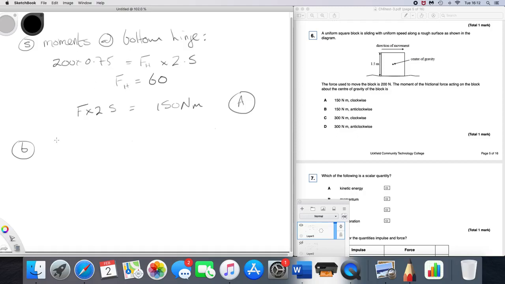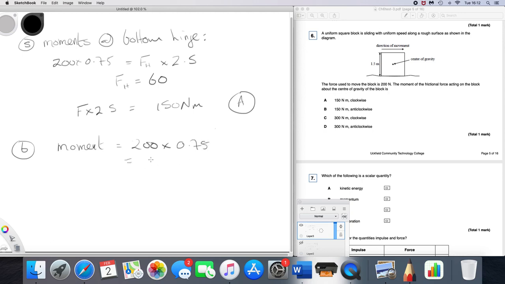the moment will be 200, the size of the force, times the perpendicular distance of its line of action from the pivot, which we're taking to be the centre of mass, centre of gravity, which is 0.75 because it is a uniform block.